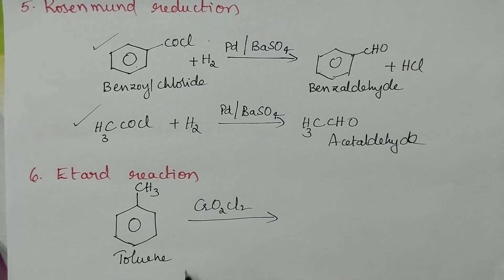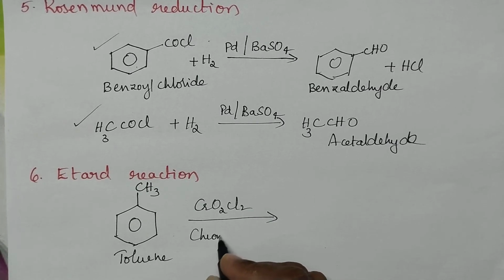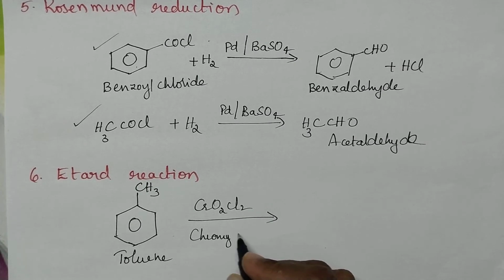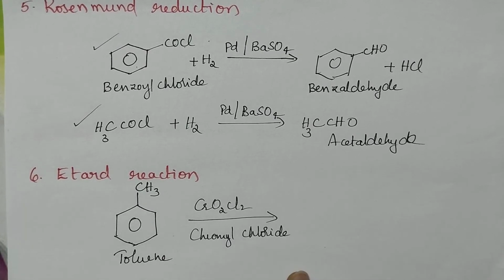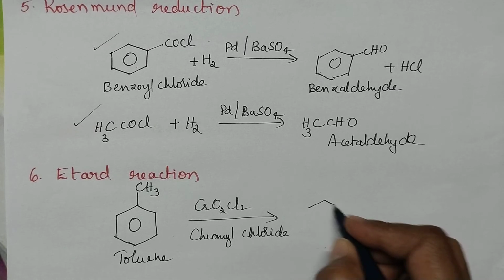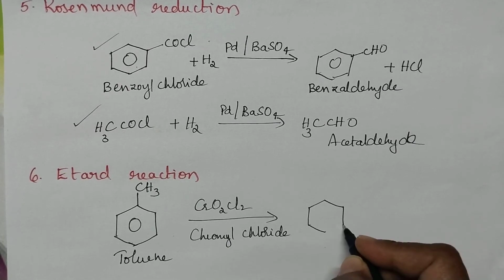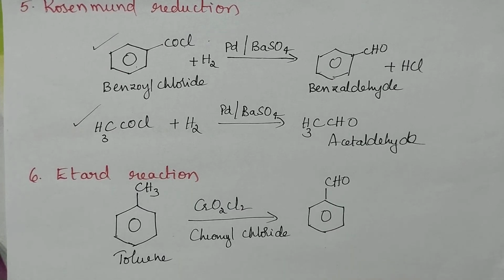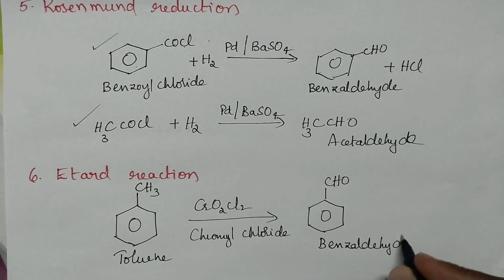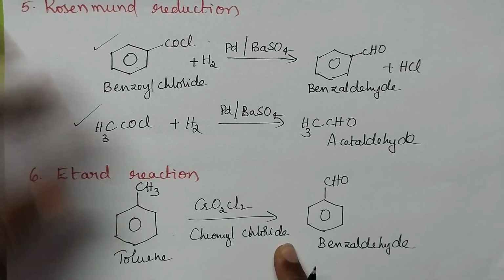So what is the reagent used here? Chromyl chloride. Then it results in the formation of benzaldehyde. Students, what is Etard reaction? In Etard reaction, toluene can be converted into benzaldehyde by treating with chromyl chloride.